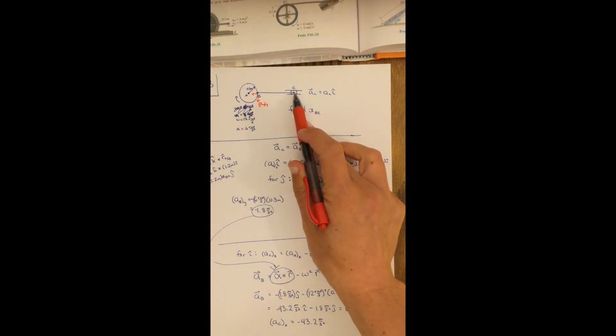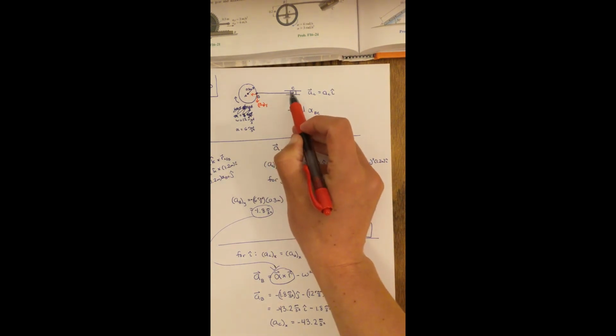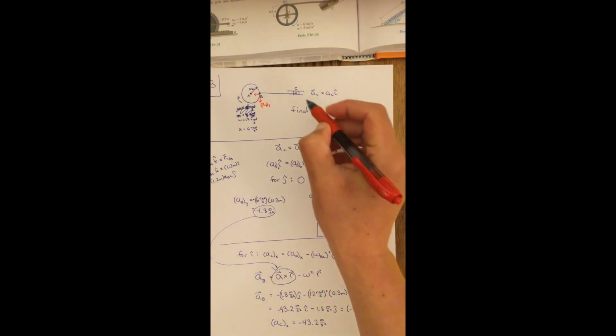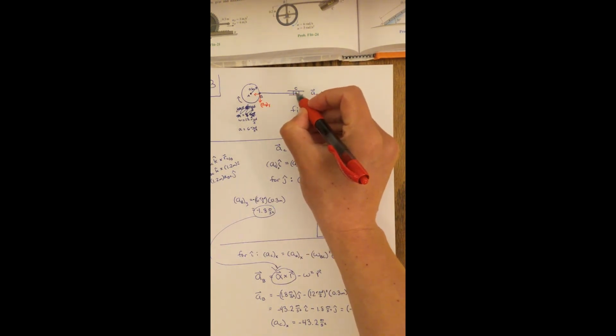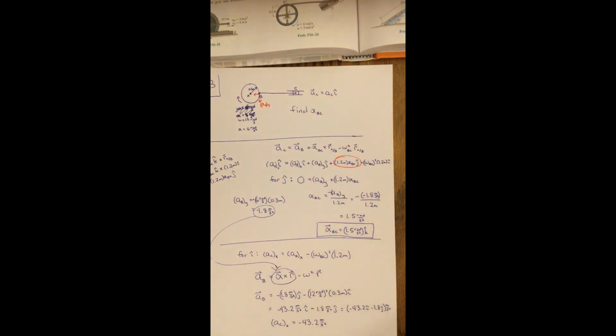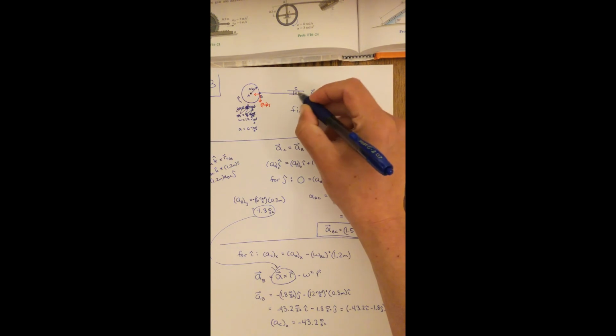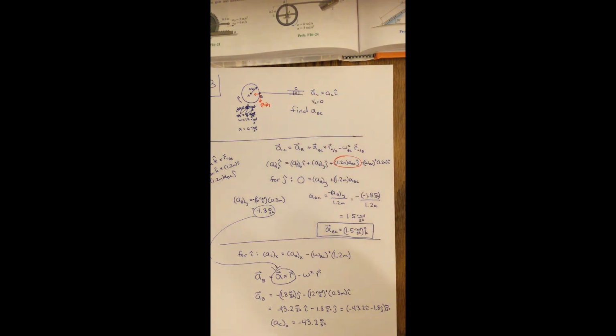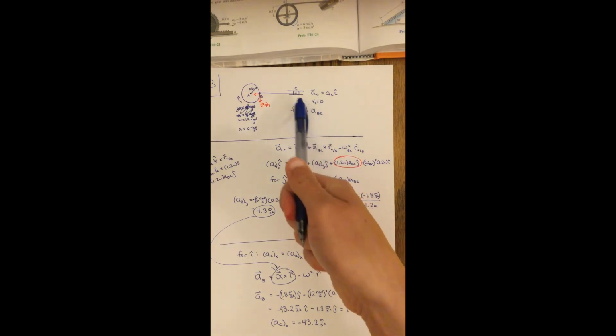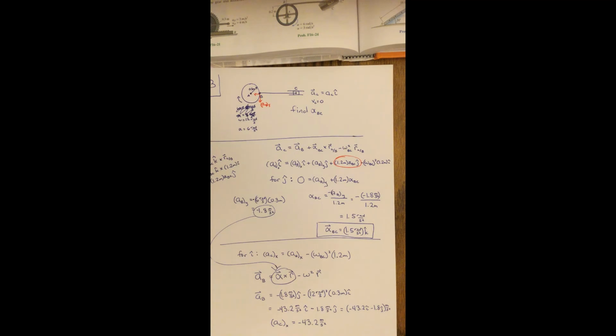So this is the turning point for point C. So the piston C was moving out this way, and then it's going to start to move back this way. So the velocity of point C at this instant is equal to 0 because this is a turning point. And because it's equal to 0, this is the instantaneous center of zero velocity.